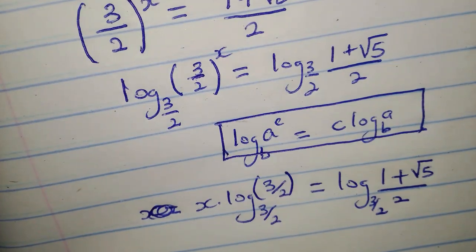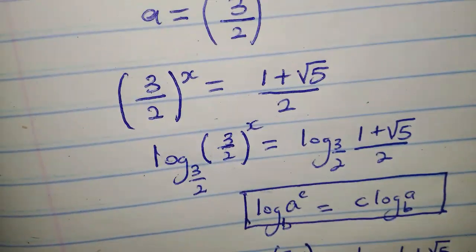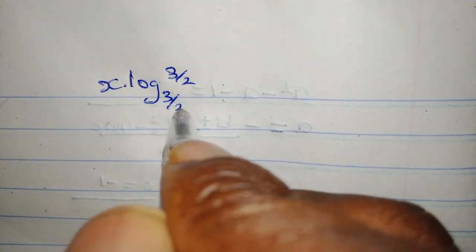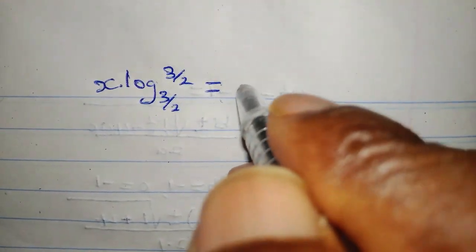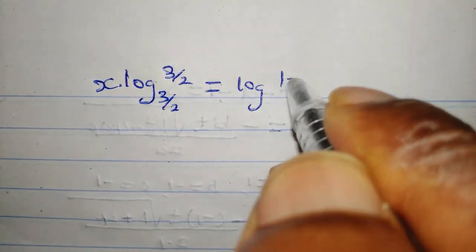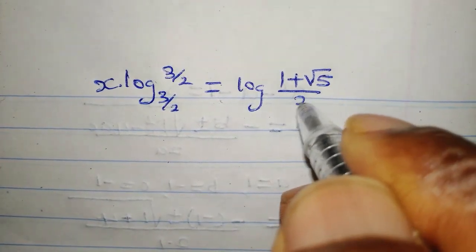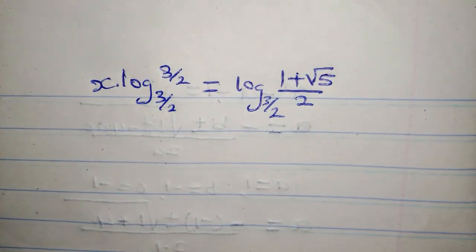So since we are not having this, we'll solve further. So let's solve further. Okay, coming to this part, we're having x times log of 3 over 2 to base 3 over 2 equals to log of 1 plus root 5 divided by 2 to base 3 over 2.